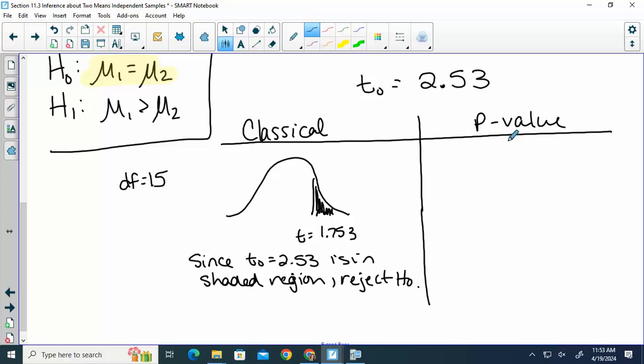Does everyone see that? So if you go up, the probability of that is 0.01. Alpha was 0.05, so since p is less than alpha, we reject the null hypothesis.